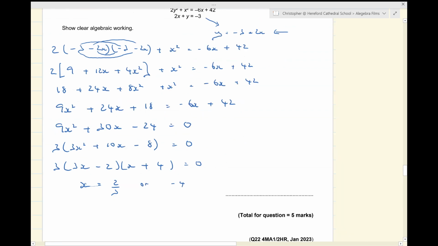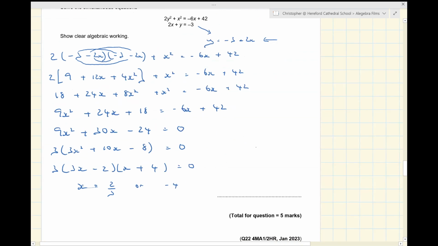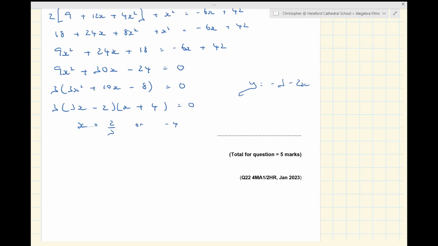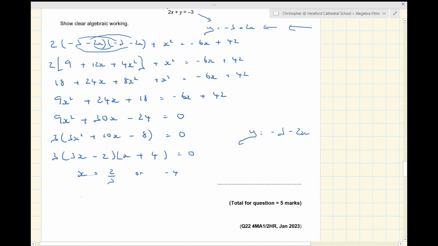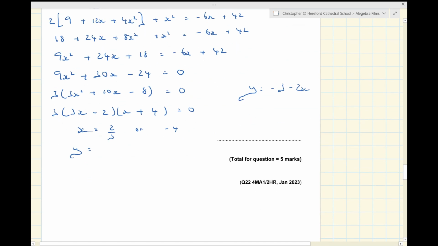So what about y? Well, y is equal to minus 3 minus 2x, according to this equation here. So if x is 2/3, then y is equal to minus 3 minus 4/3, which is minus 4 1/3.